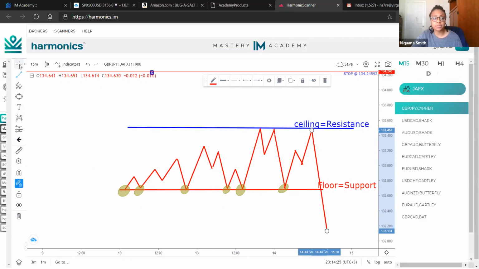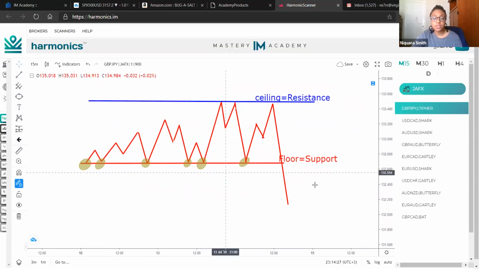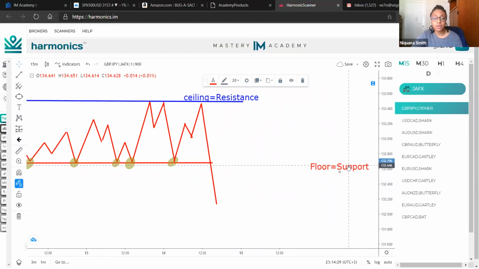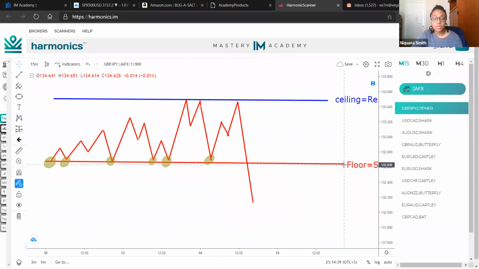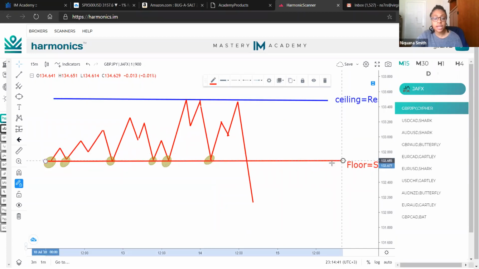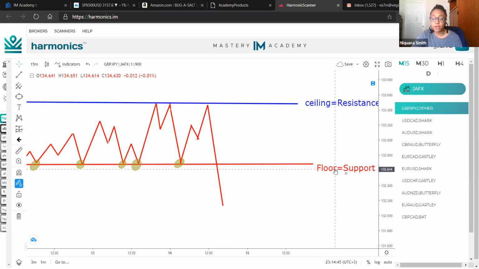Now, guess what happens? This area here, hold on, let me put this here, let me expand this. This area here no longer is a support.